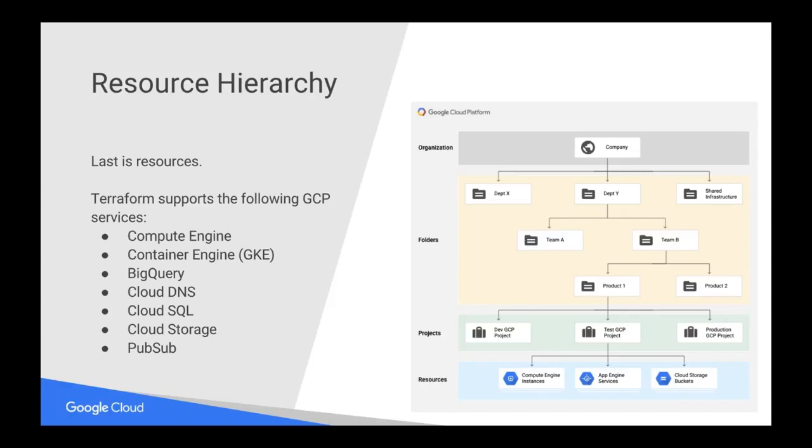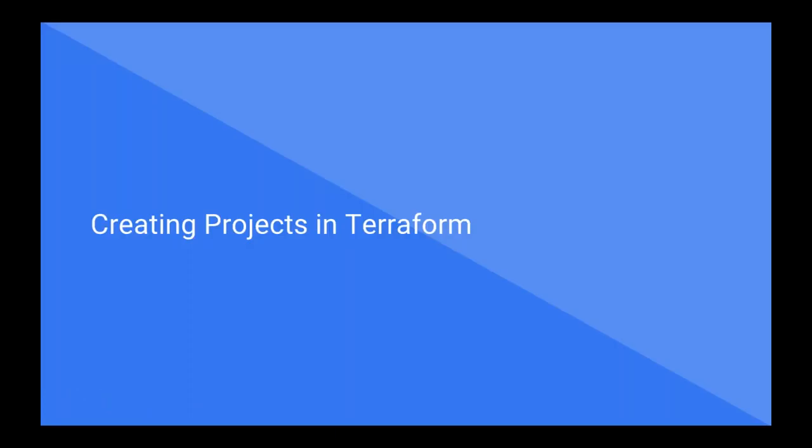Terraform currently has resources available within Compute Engine, Container Engine, BigQuery, Cloud DNS, Cloud SQL, Cloud Storage, and PubSub, with more to come soon. A resource is one small piece of infrastructure that you can manage, such as a Compute Engine network or a GKE cluster.